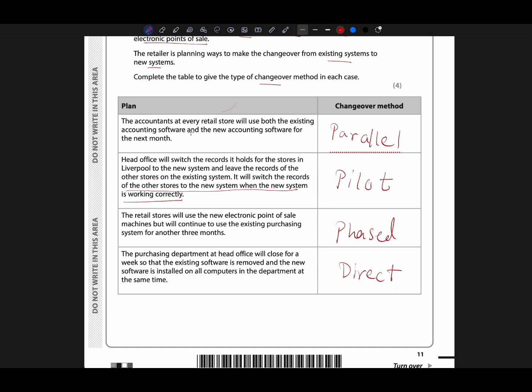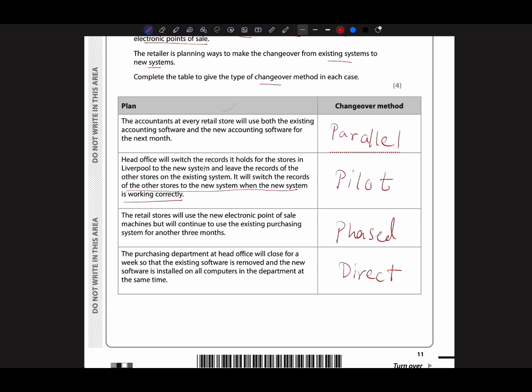And here, you guys may get confused about the meaning of direct and pilot, because in direct they're removing the old and installing the new at the same time. But for pilot, it is not at the same time. Head office will switch the record it holds for the store in Liverpool to the new system and leave the record of the other store on the existing system.